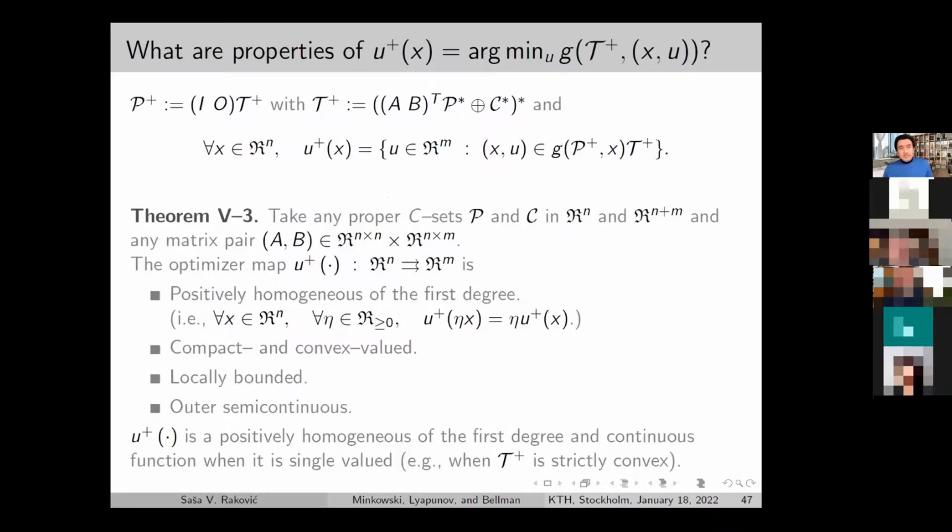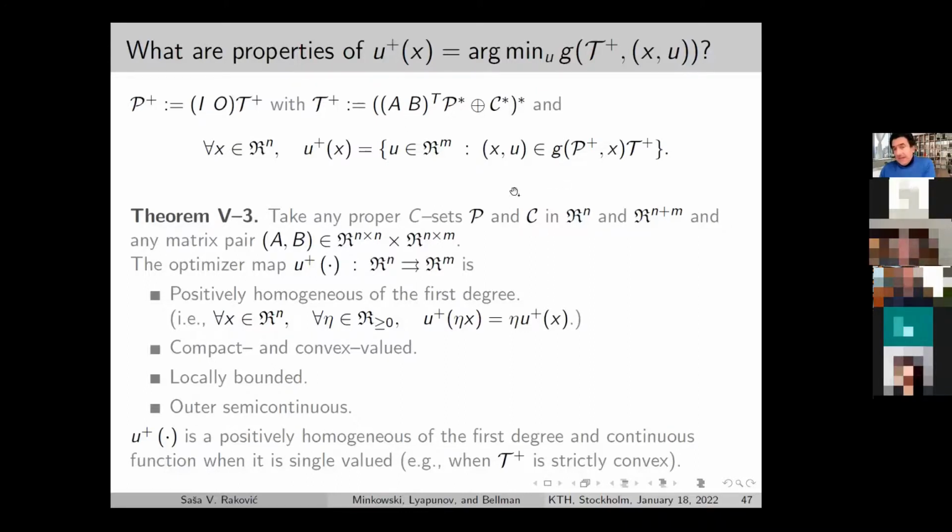Now, let's sum this up. Because the Minkowski function is positively homogeneous, the optimizer map is positively homogeneous because this is a proper C set. Because the Minkowski function is finite valued and this is a proper C set, this is a compact and convex valued map. Because the Minkowski function is again finite valued, this is locally bounded. But it's not enough that it's just finite valued, it's important that it's sublinear, because it's sublinear and positive definite, you can actually establish that it's locally bounded.